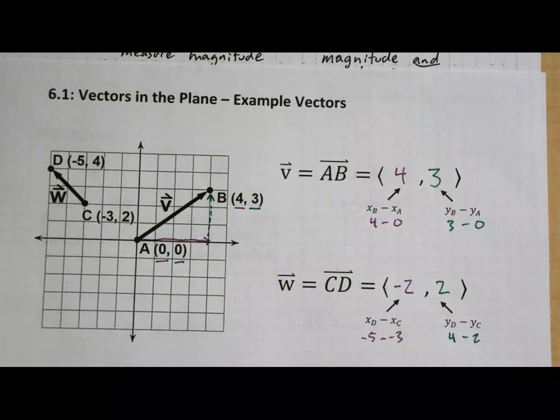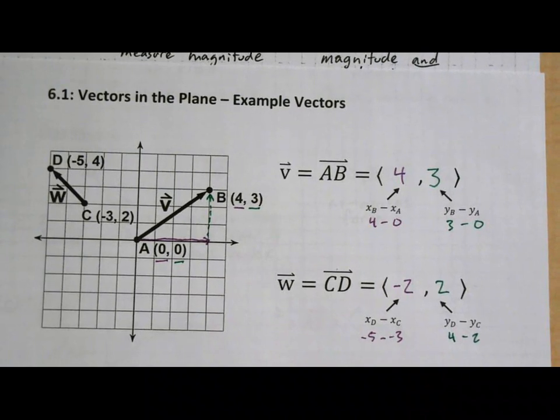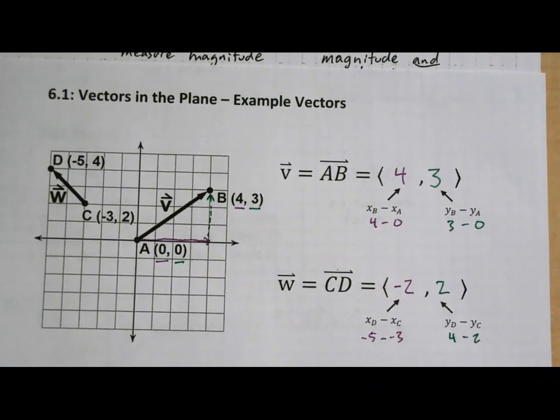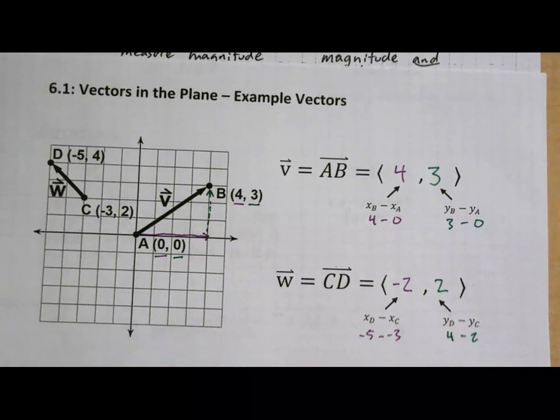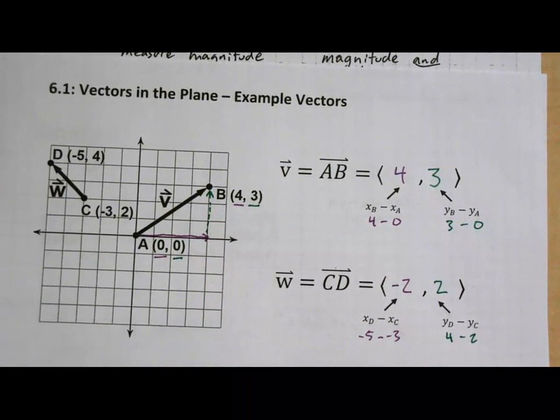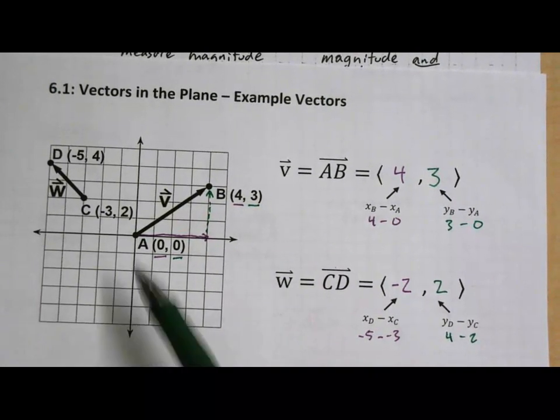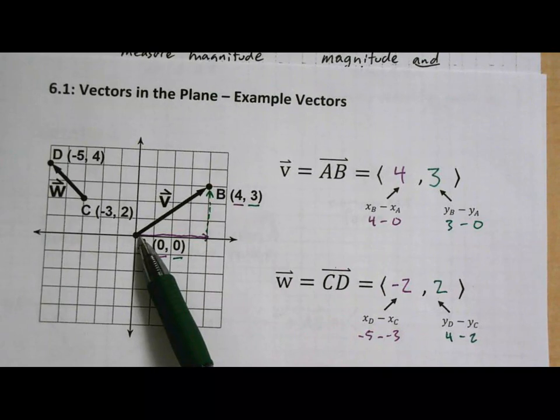So we'll be setting this aside and looking at a couple quick questions, though. We can use vectors to talk about position, but they don't always represent a position. So for example, vector w is -2, 2. When you look at these points, those coordinates don't really have anything to do with the vector itself. If we want to use a vector to indicate position, then usually we want to start at the origin.